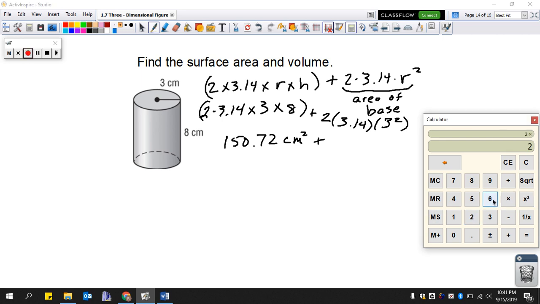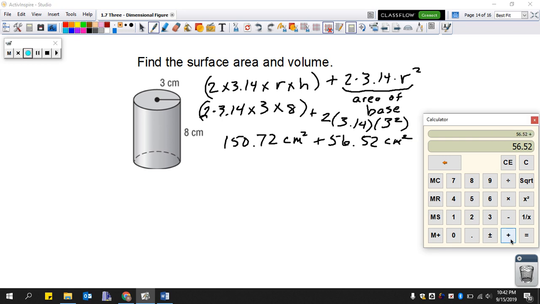2 times 3.14 times 9, 3 squared is 9, which is 56.52 centimeters squared.